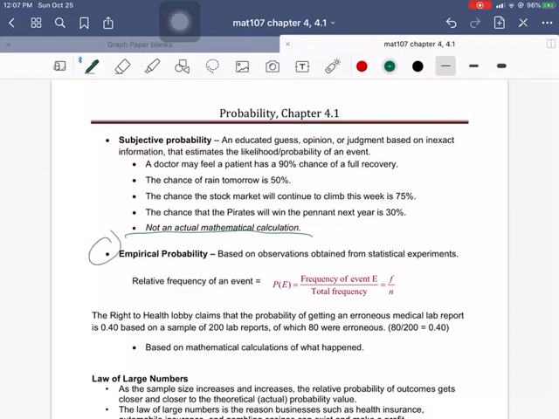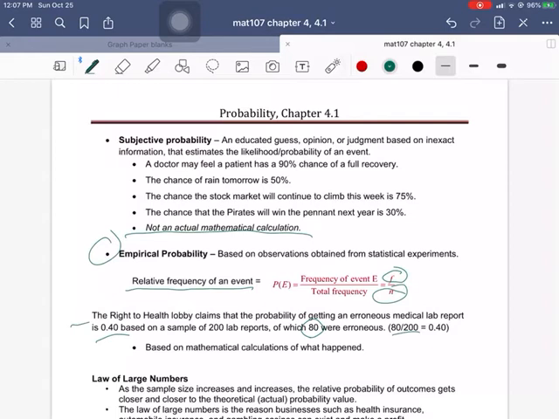But an empirical probability is based on observations obtained from statistical experiments, the relative frequency of an event. So basically you're going to recognize this by its frequencies: the frequency of an event happening out of the total number. All right, so here's an example. The Right to Health lobby claims that the probability of getting an erroneous medical lab report is 40%, based on a sample of 200 lab reports. 80 were erroneous.